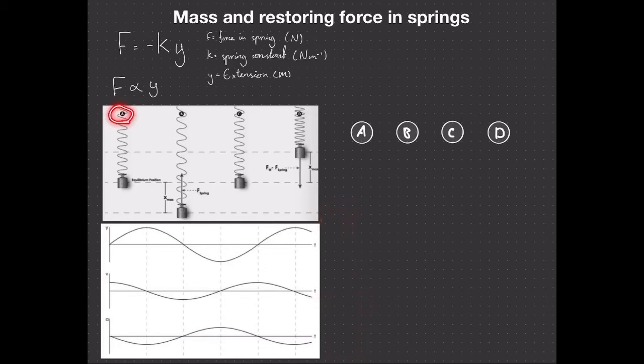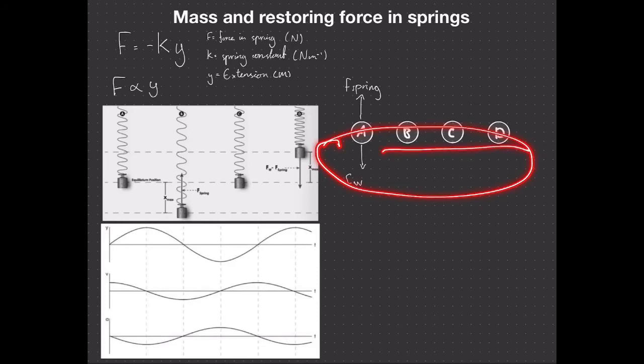For our reference frame A, when our mass is in the equilibrium position, forces on said mass are going to be balanced. Those forces being our F spring and force due to weight. The force due to weight is constant across all our reference frames, as the mass of our object does not change and gravity is constant. So I'm going to mark those on.